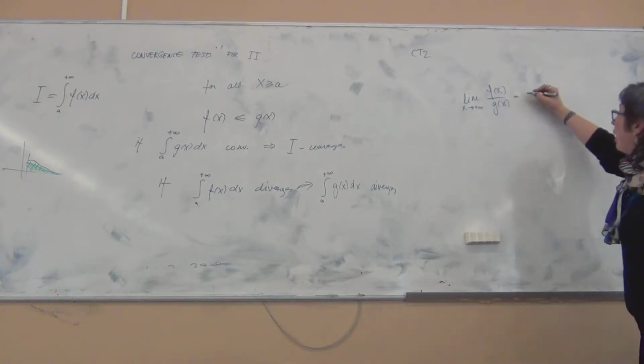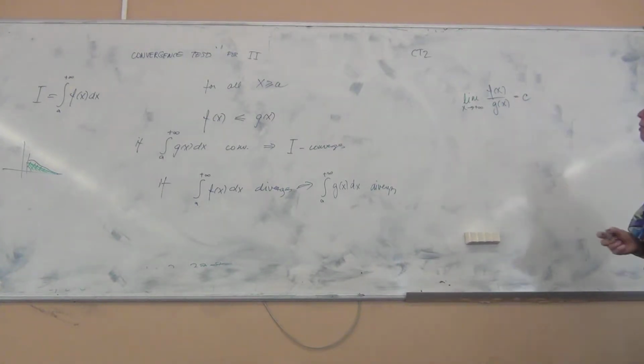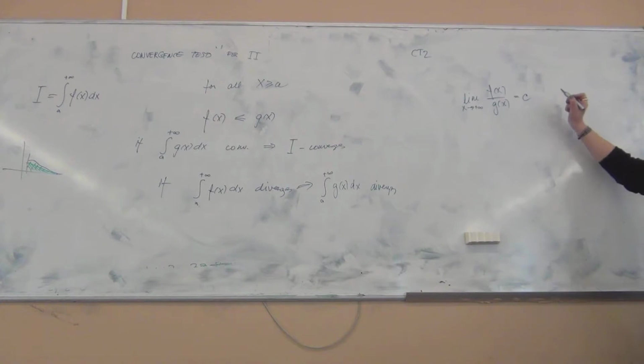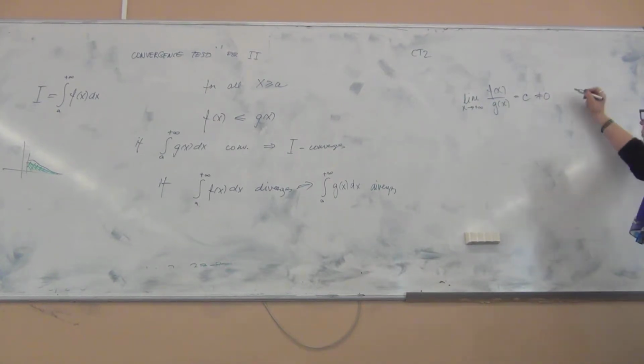In other words, so that we might hope that these two functions behave similarly. And so, if the limit of the ratio is some number c, a constant, but not 0, and obviously not infinity. C means a constant, infinity is not a number at all.